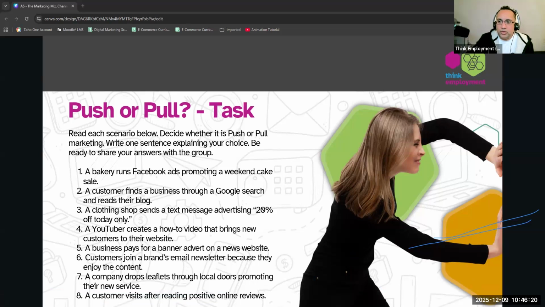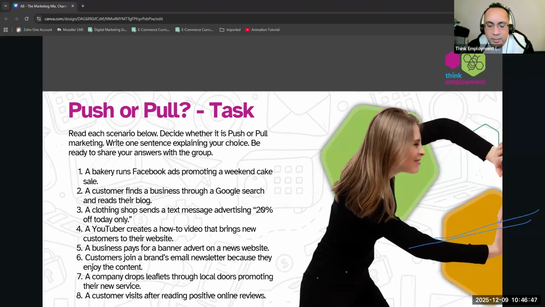Okay, Andrew, so you've written down push for the first one. Can you explain why you put push? Well, that's a paid ad. It's not particularly targeted to anyone in particular, so I think that's a push scenario. Okay, and for the next one, you put pull. Can you explain why?